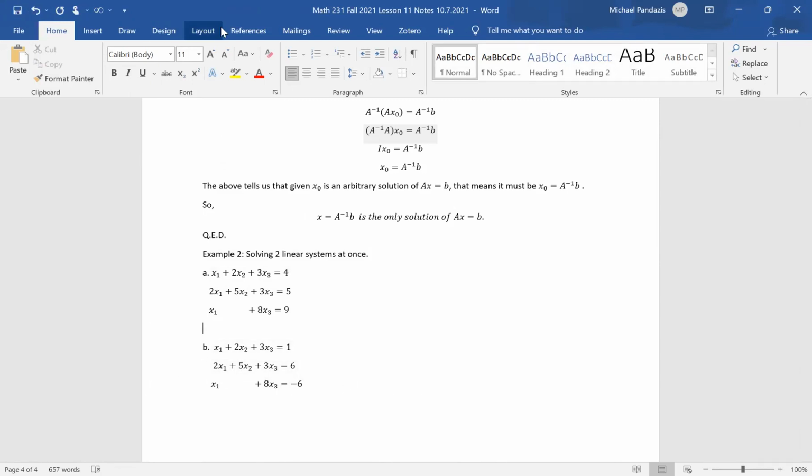So on the whiteboard, I'm going to write out this partition matrix. If you write out this partition matrix, this is how you can describe those two systems at the same time. You have 1, 2, 3 in the top row, 2, 5, 3, and 1, 0, 8.